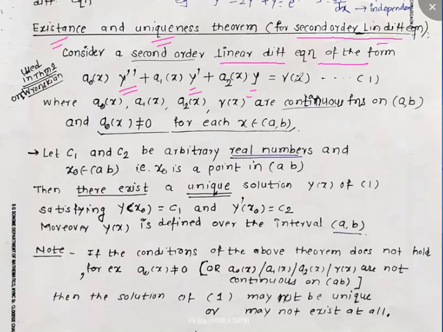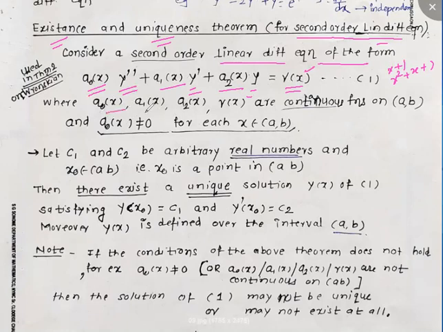Suppose the right hand side is R of x, some function of x. Now coefficient of y double dash is a0 of x. a0 of x is some expression in x like x plus 1, x square plus x plus 1. a1 of x is also some expression, a2 of x is also some expression in x. R of x is also some function of x.